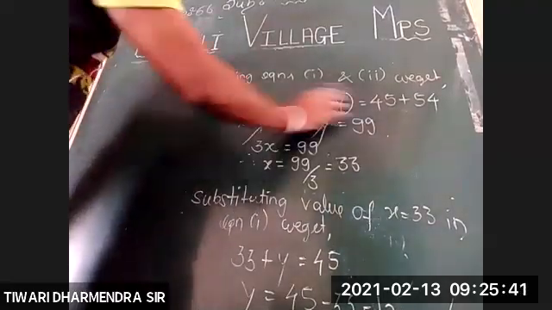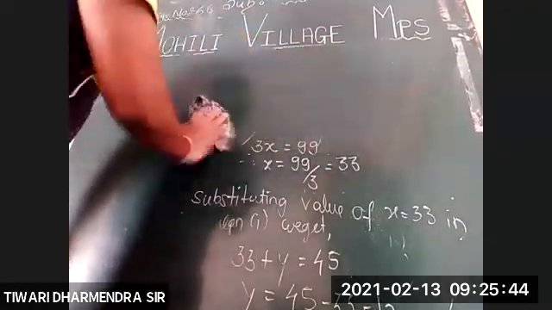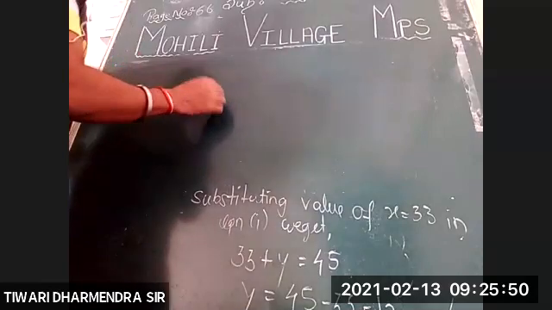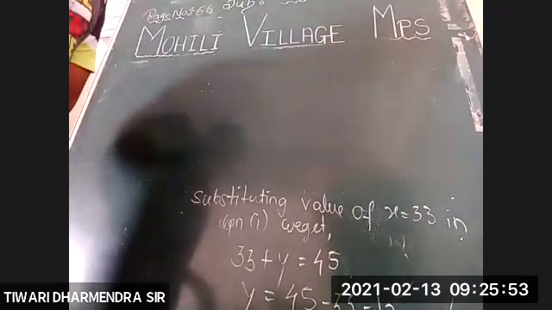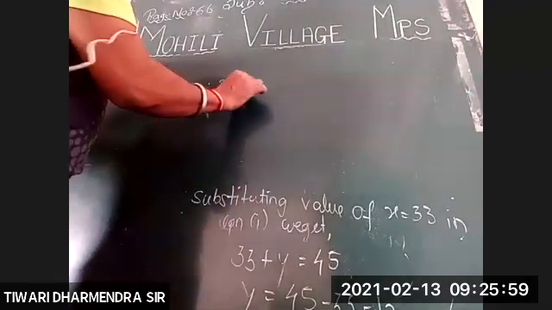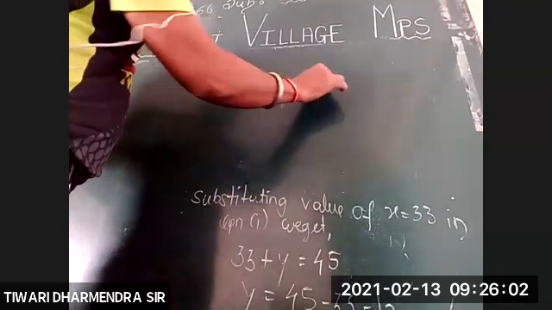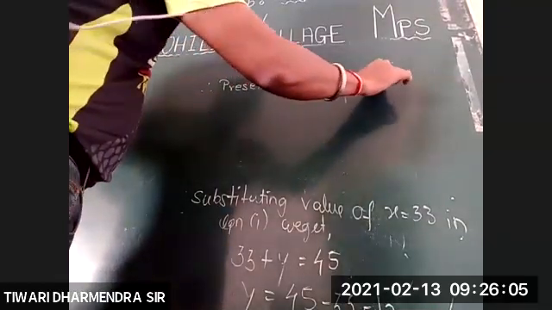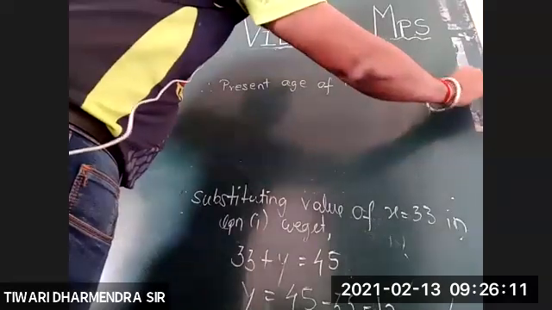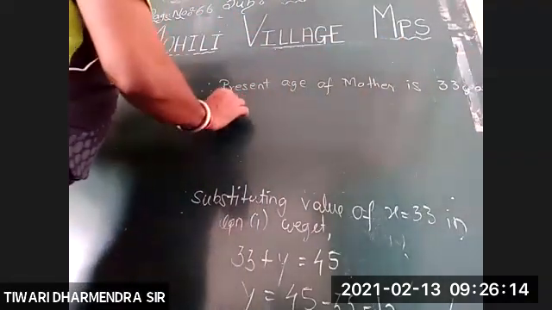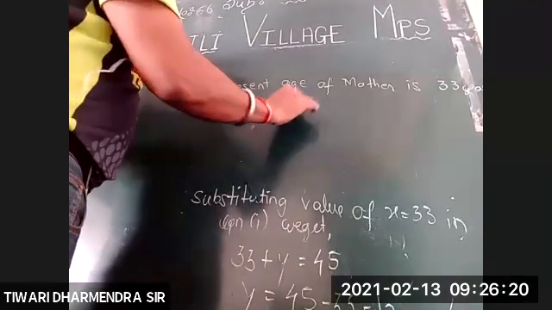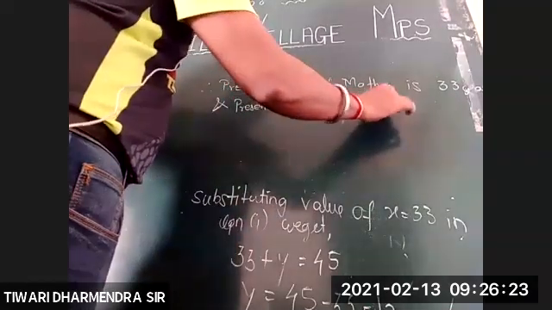So from here we conclude that, therefore, the present age of mother is 33 years and the present age of son is 12 years.